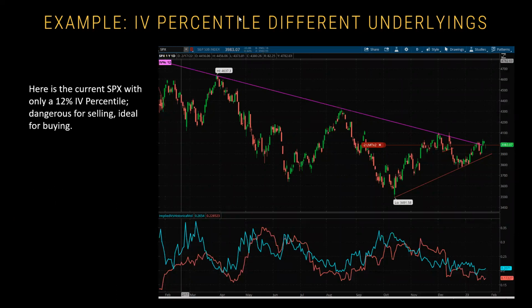Now look at different IV percentile for different underlyings. So here's the current SPX, and I took this a couple of hours ago. We had a 12% IV percentile. So it's right up here in the corner of this little label. So this is dangerous for selling. It's ideal for buying, but it's very dangerous for selling options against.